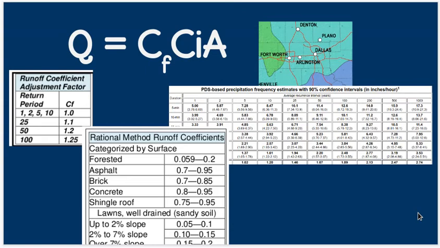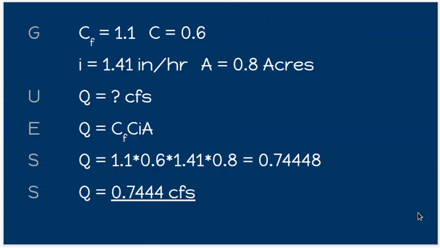All right, let's do an example problem. This is an example of how you would write it down. I didn't actually write the problem, I just collected the information from it. So this is telling us that it's a design storm of 25 years. So our adjustment factor is 1.1.